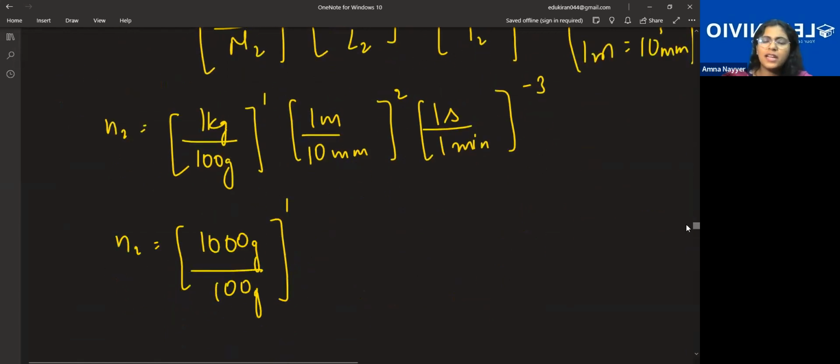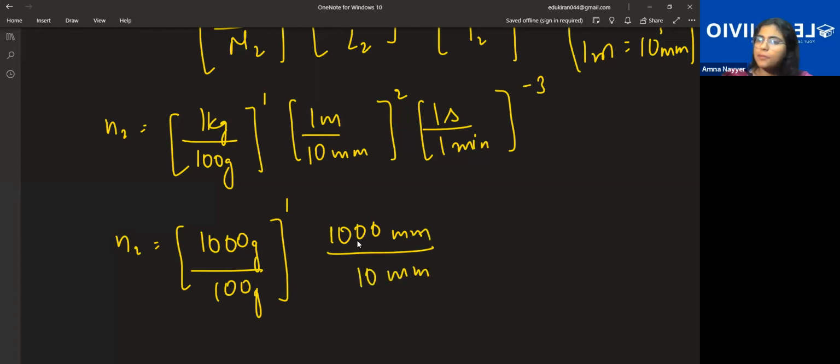So let us write it as 10 to the power 3 only for the time being, 1000 millimeters. Power we'll square in the last. Otherwise, it will become very confusing whether we have used the power. So it's 1000 millimeters by 10 millimeters. Then we have seconds into minutes.